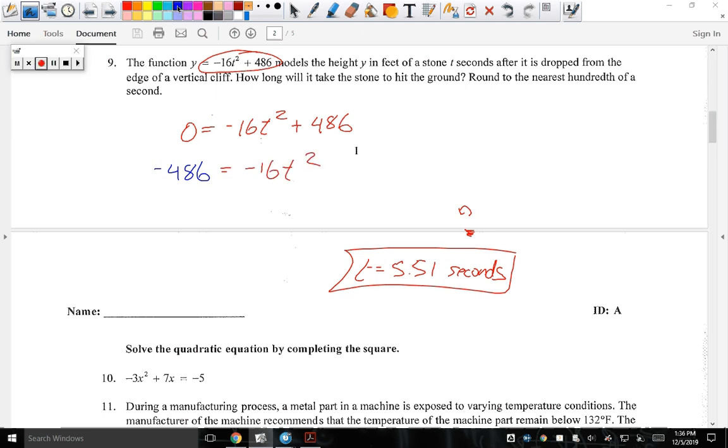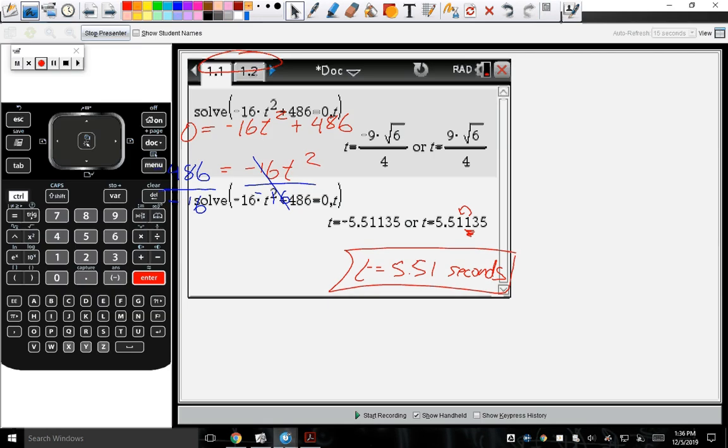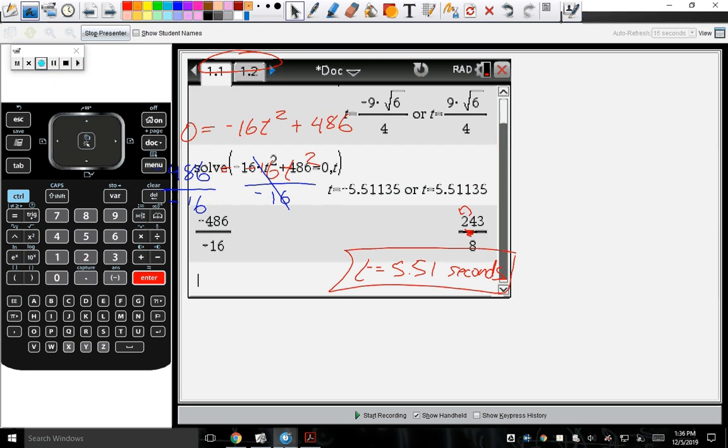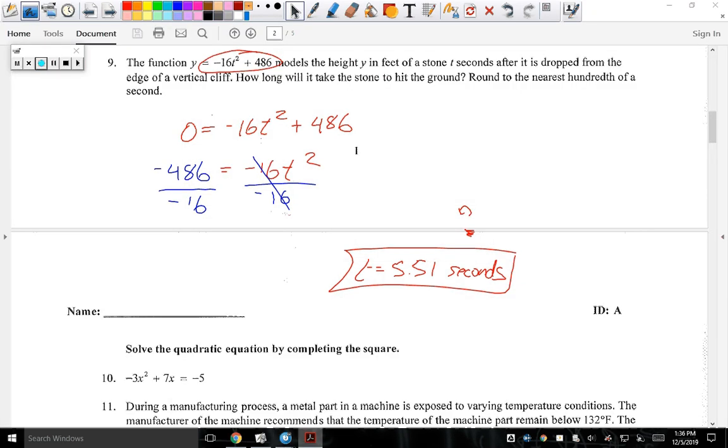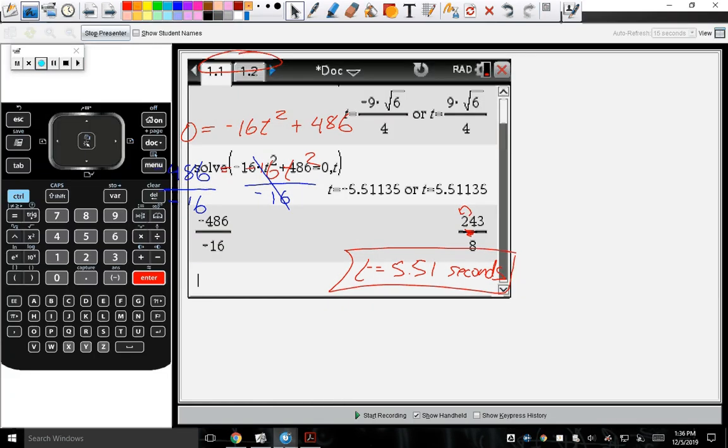Then you could divide by a negative 16 to cancel that out. And if you put negative 486 and negative 16 into your calculator, you should get 243 over 8.